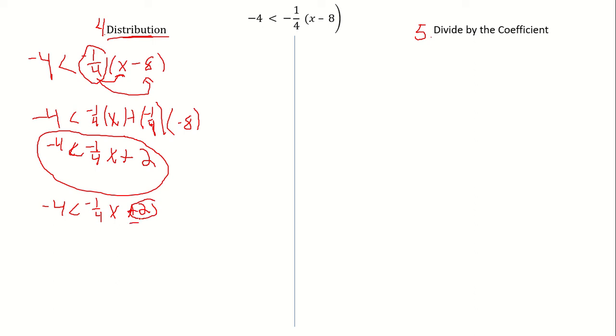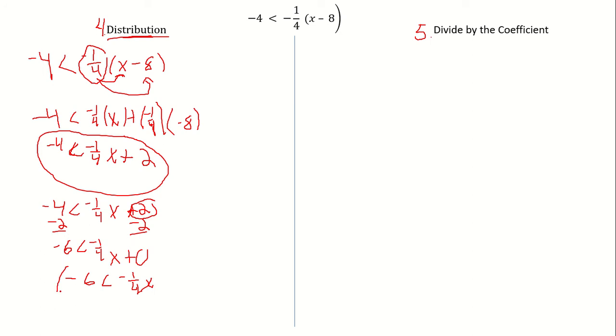So we're going to subtract 2 from both sides. And on this side, we're going to get -6 is less than -1/4 x plus 0. And we can write this as -6 less than -1/4 x.